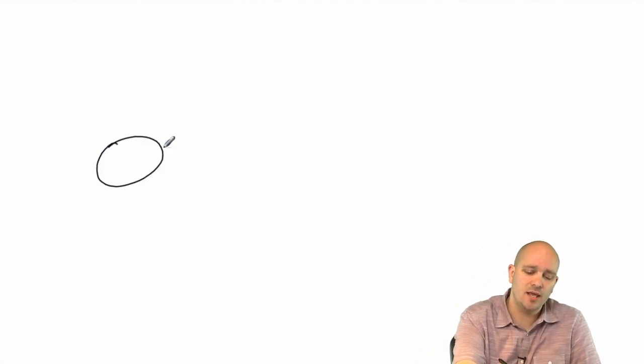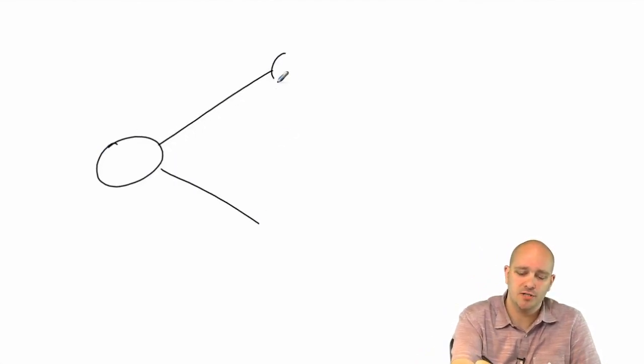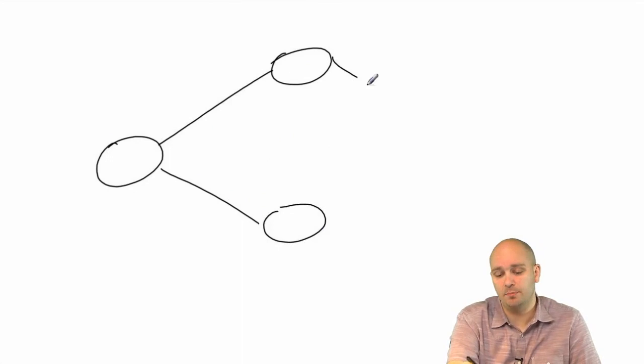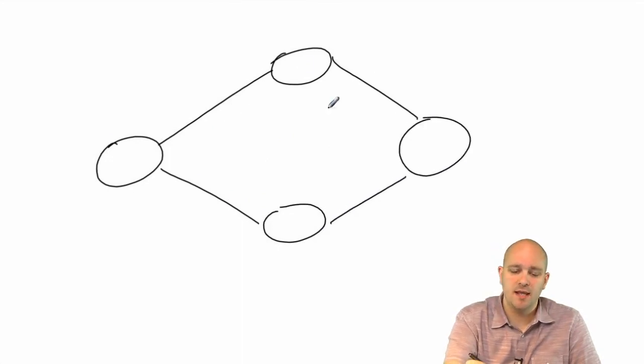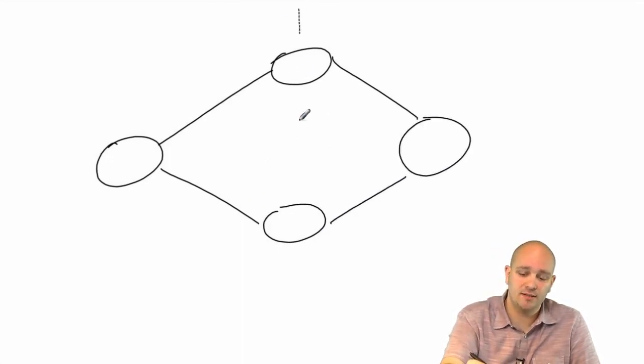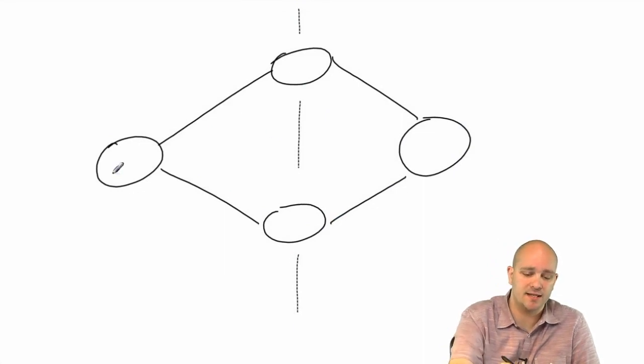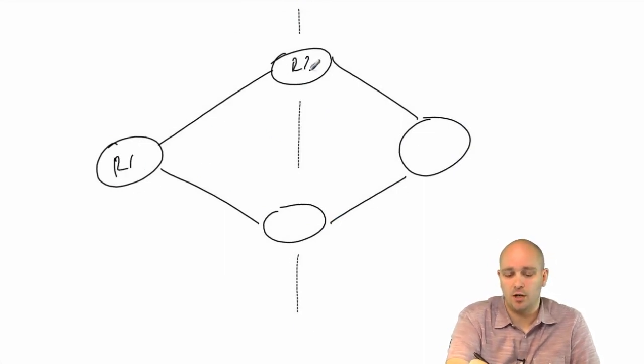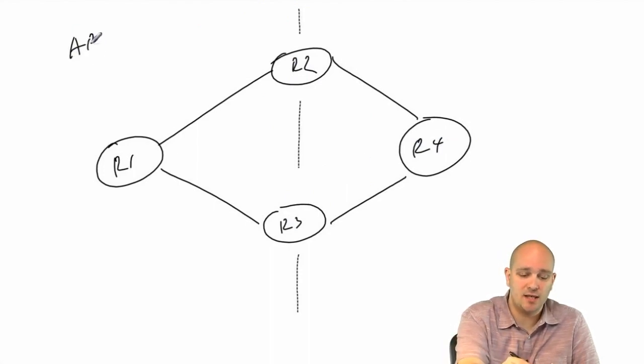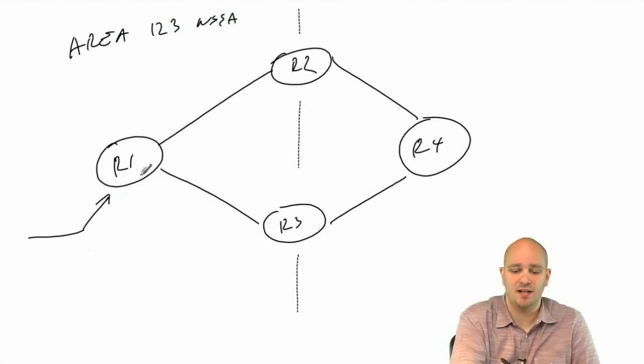There is one more interesting thing about the NSSA areas, and that is when we have multiple ABRs in the NSSA area. So let's take a look at an example that might look something like this. So we have R1, R2, R3, R4, and let's say that this here is our area 123 NSSA, and that R1 here is redistributing some network here.